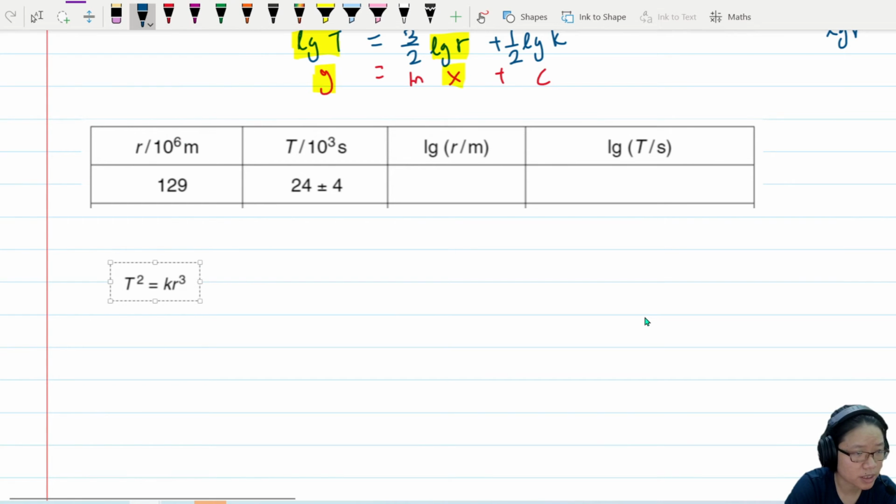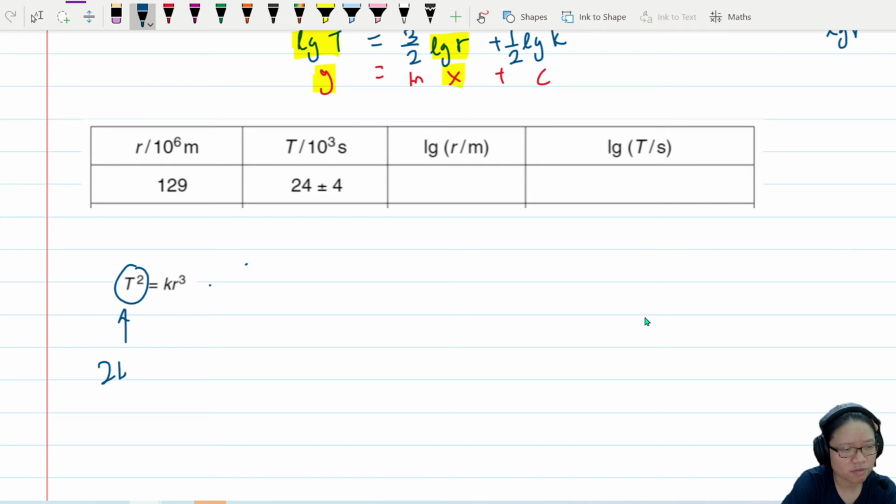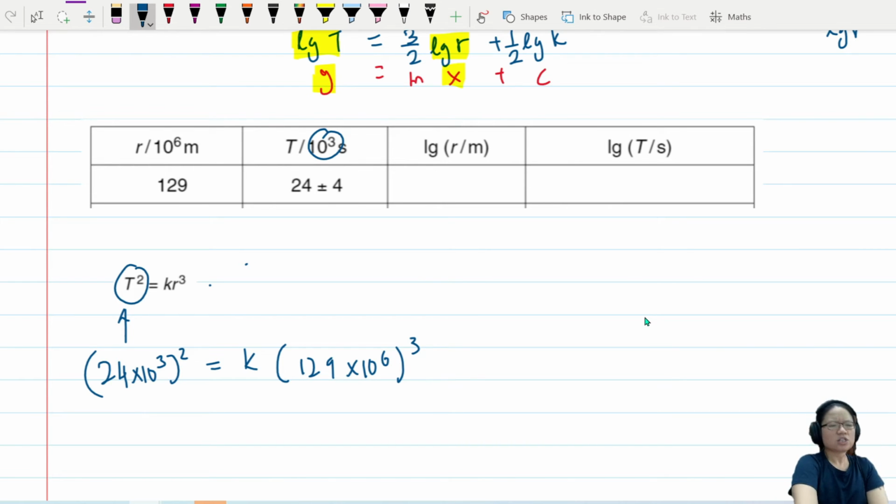If I want to deal with t squared, let's say I'm dealing with big numbers, it's t squared. I'm going to take 24, you see a prefix here, times 10 to the power of 3 squared. And then this one is k. And then this 129 times 10 to the power of 6 cubed. Wow, so difficult.